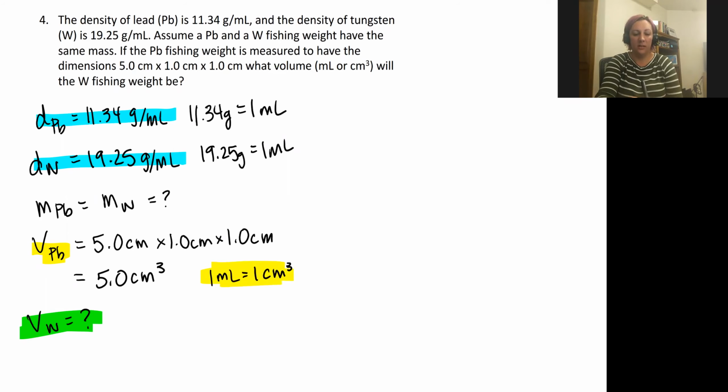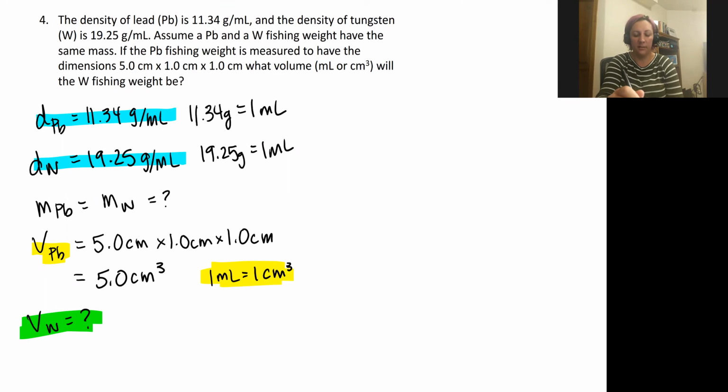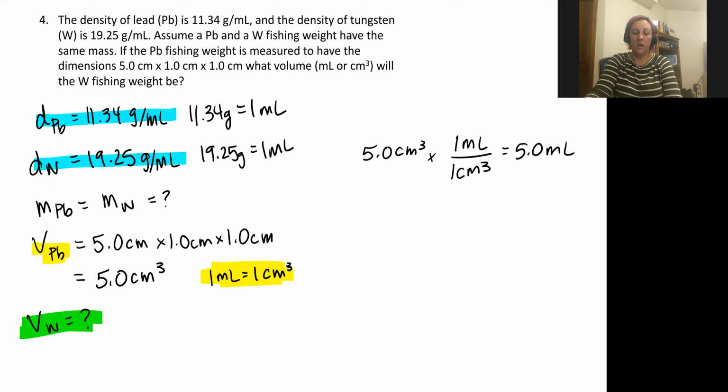Centimeter cubed is abbreviated cc in medical settings typically. All right, so I'm going to start with that 5 centimeters cubed, and I'll convert that into milliliters. All right, so I have 5.0 milliliters for my volume of lead.